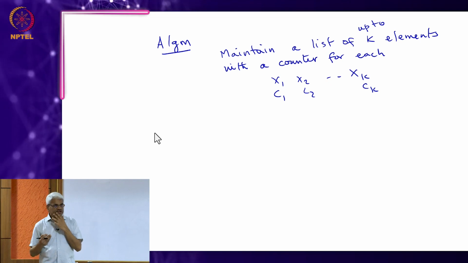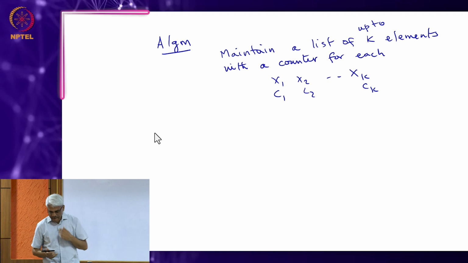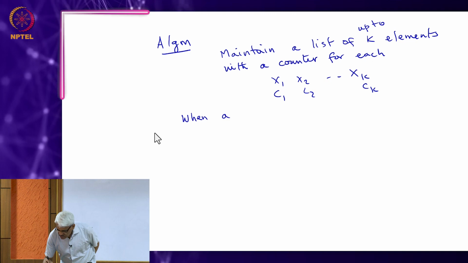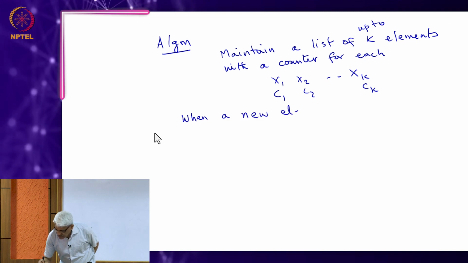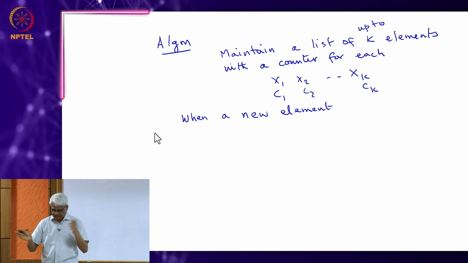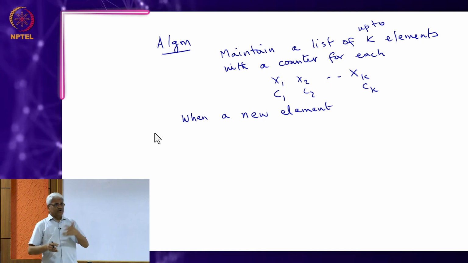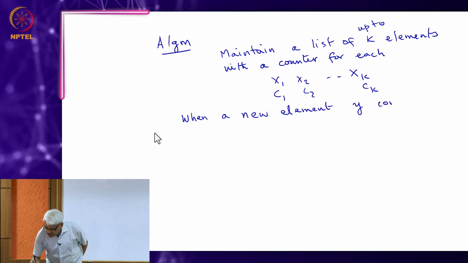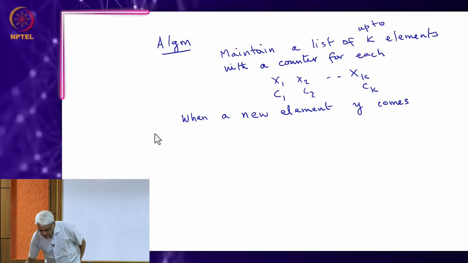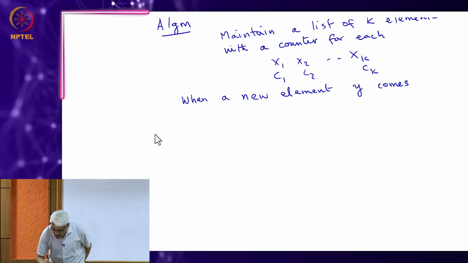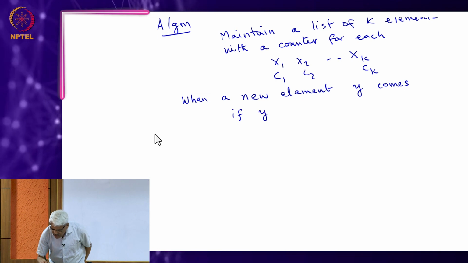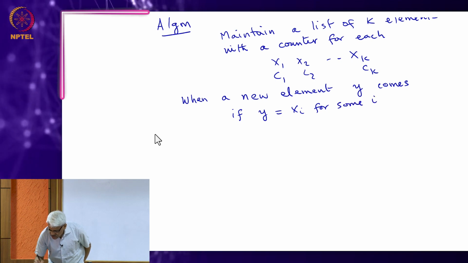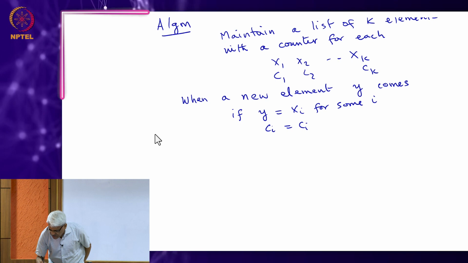Right, so the algorithm goes like this. When I see a new element, what should I do? So we initialize it somehow, maybe start with x1 and c1 and then we'll apply this algorithm. When a new element y comes, if y is equal to xi for some i, then my ci will be incremented.